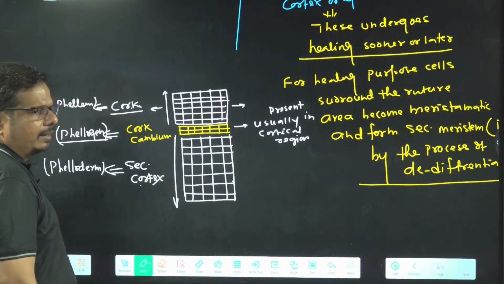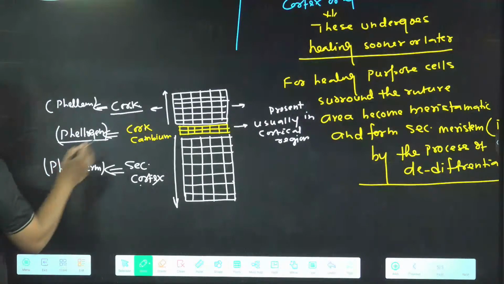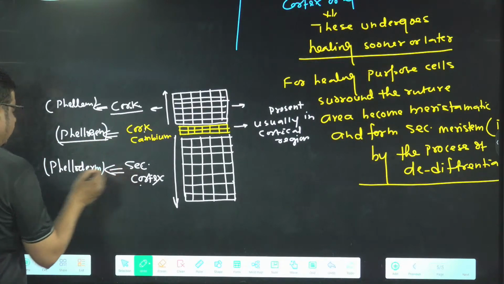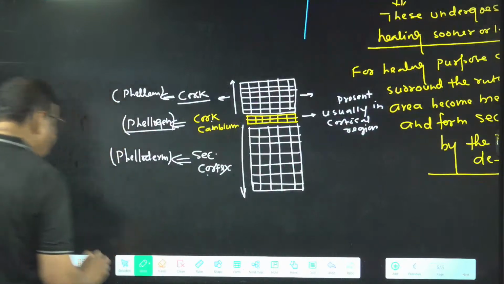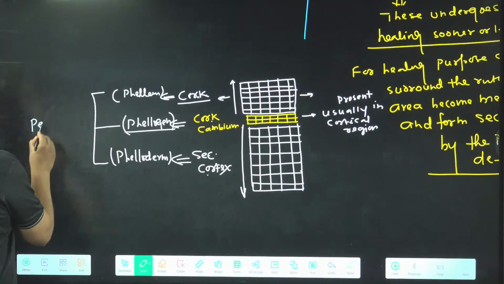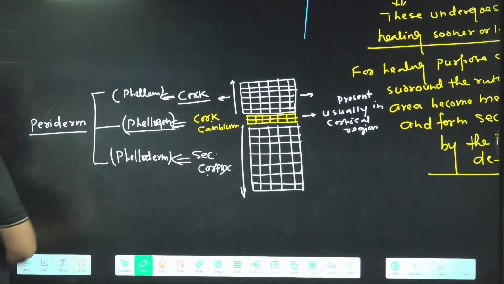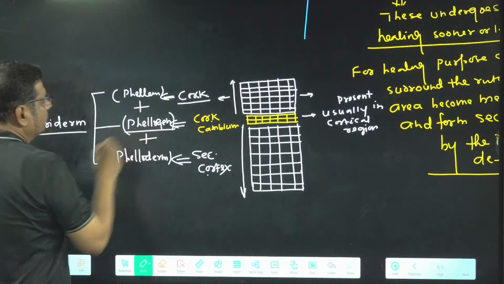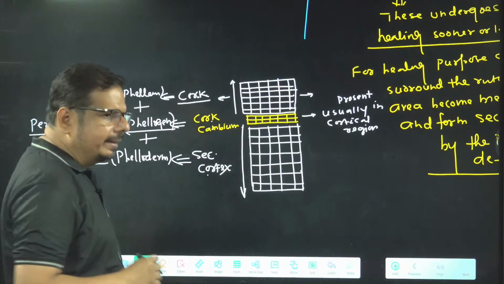Is it clear in the mind or not? So this cork is also called phellum. Cork cambium is also called phellogen, and this secondary cortex is also called which one? Phelloderm. These all three together are called periderm. So periderm is equal to phellum plus phellogen plus phelloderm. Getting the idea?